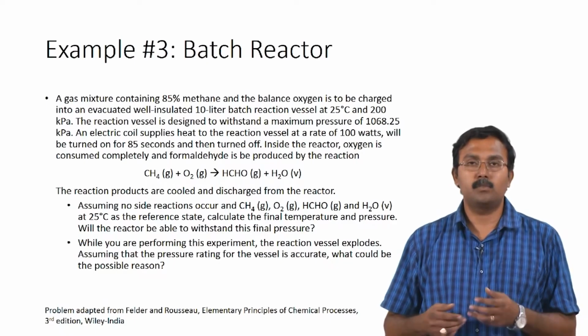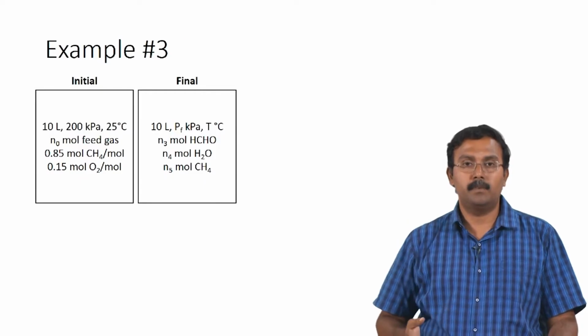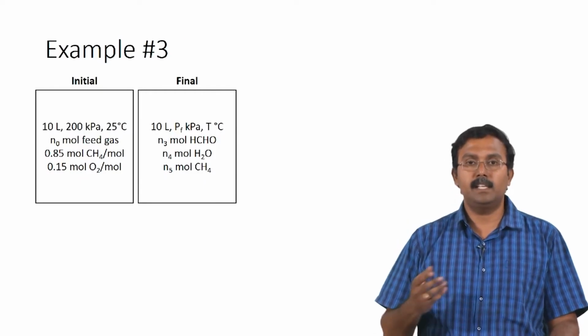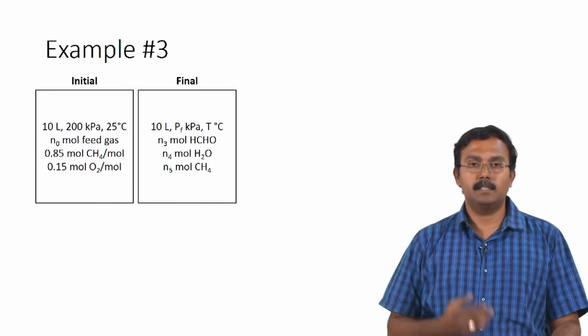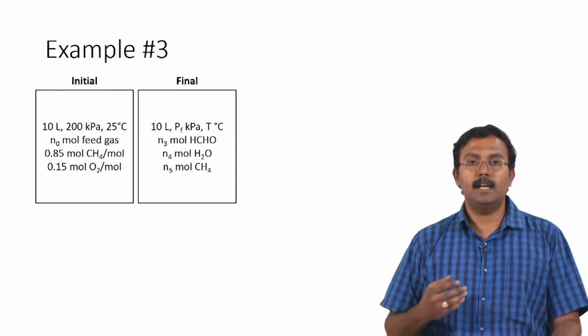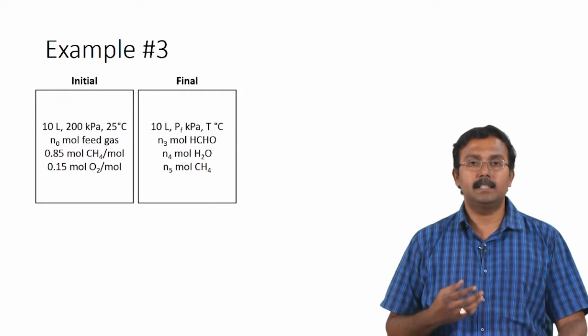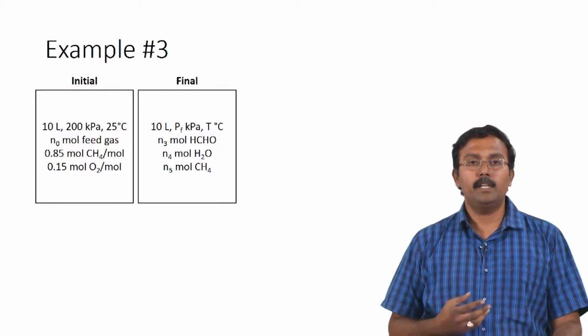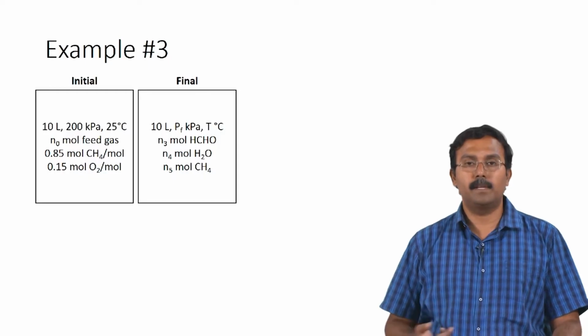So, let us look at how to solve this problem. Here is the example problem in terms of the flow sheet. You have an initial and final condition. It is a closed system which is 10 liters, 200 kilopascals and 25 degrees Celsius in the initial condition. It contains N naught moles of feed gas and you know the composition of this feed gas: 0.85 moles of methane and 0.15 moles of oxygen per mole of the mixture.